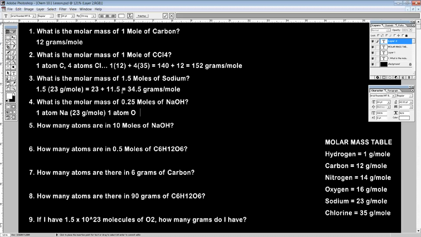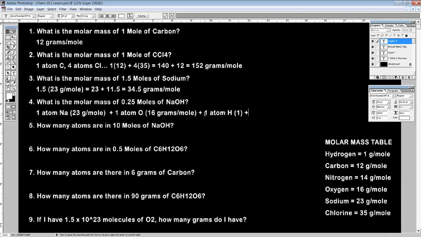Oxygen, we look over to the chart, is 16 grams per mole. Let's just tidy this up a little bit. We need a plus in there. And let's put a plus in here for grins. Then we have 1 atom of hydrogen at 1 gram per mole.